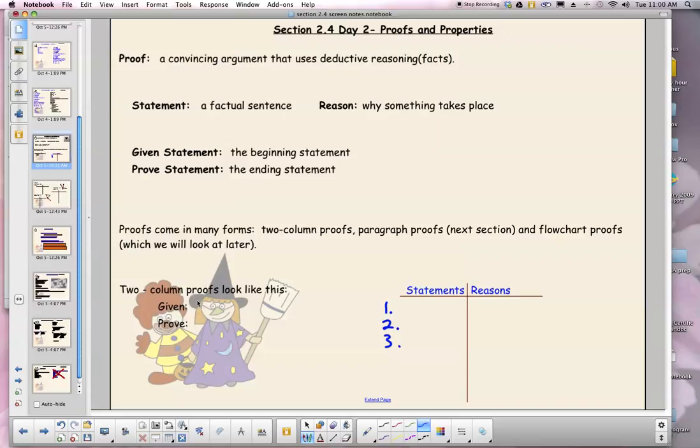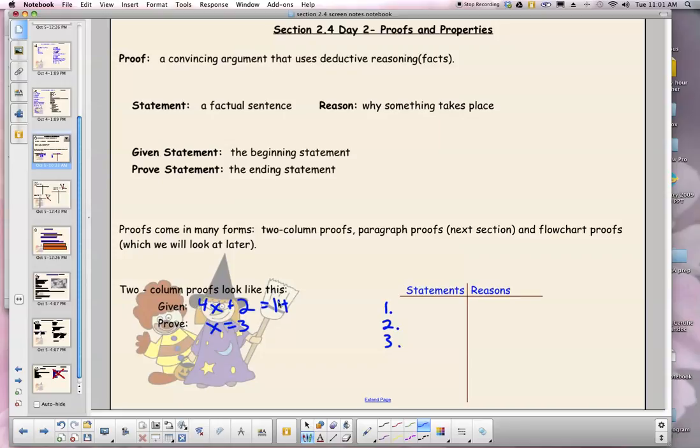So for example, let's say you were given the problem 4x plus 2 equals 14, and I asked you to prove then that x equals 3.